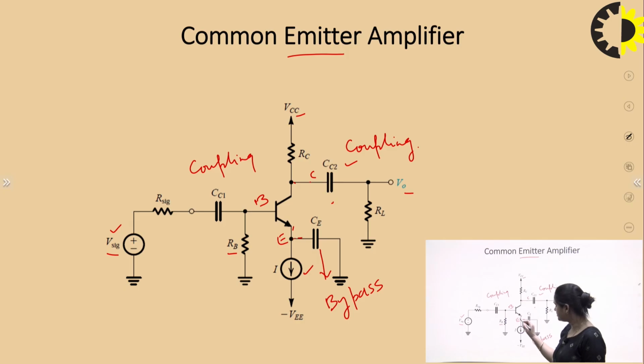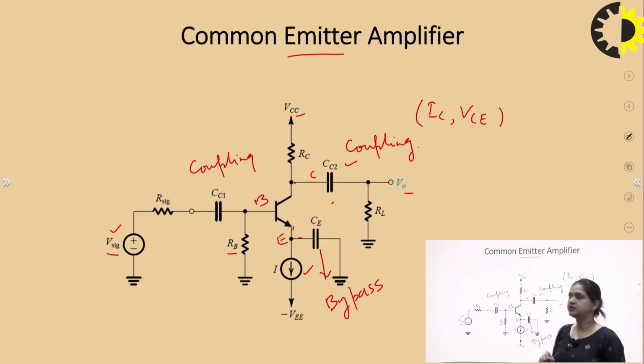So here you can see that the emitter node is directly connected to the ground. For the DC analysis, we calculate the values of IC and VCE, and this is known as the operating point, and the values of IC and VCE must lie in the active region.